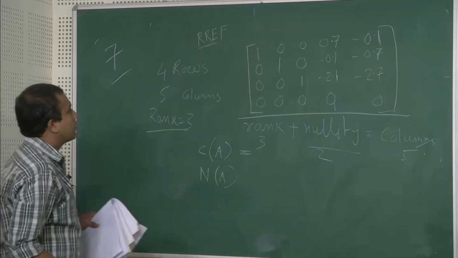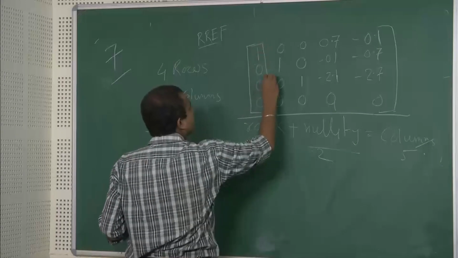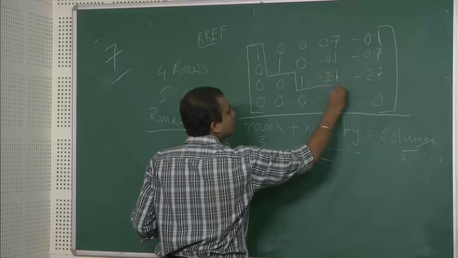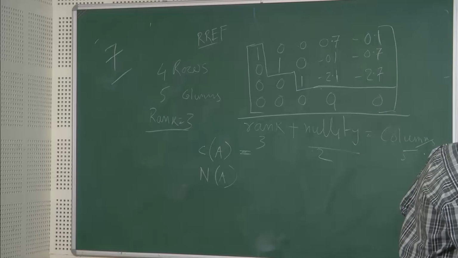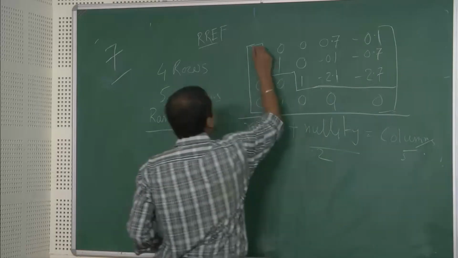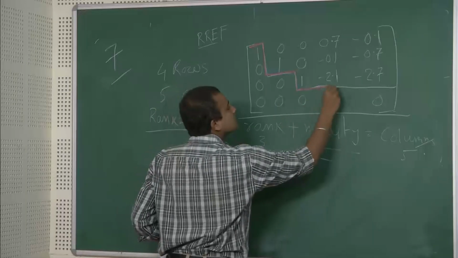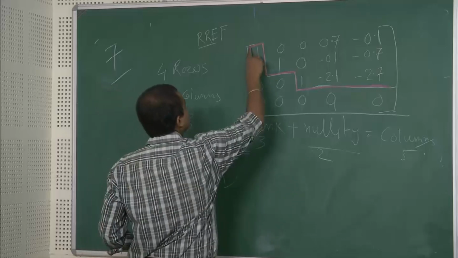I mean, from this you can see, as I said, the row reduced echelon form goes like this. If I show you this thing here, so you see here, I mean I should give it from here.